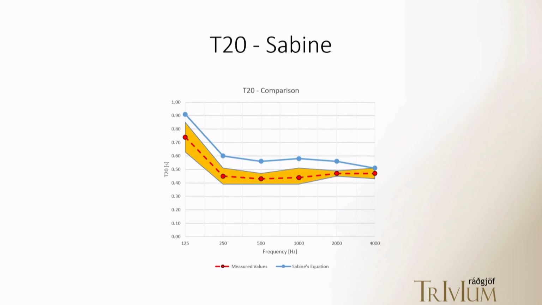I would like to add the caveat, as I mentioned earlier, that the absorption coefficients for the shelves at 500 Hz and above are underestimated, so keep that in mind. But still, it's clear that Sabine does not give us accurate results.